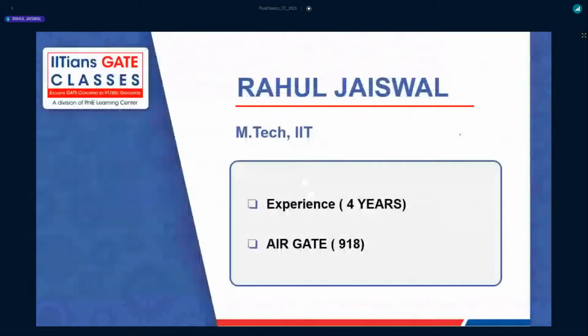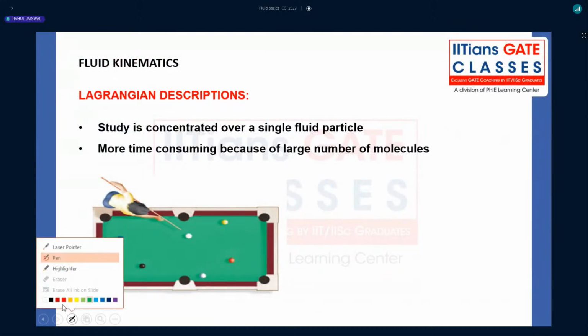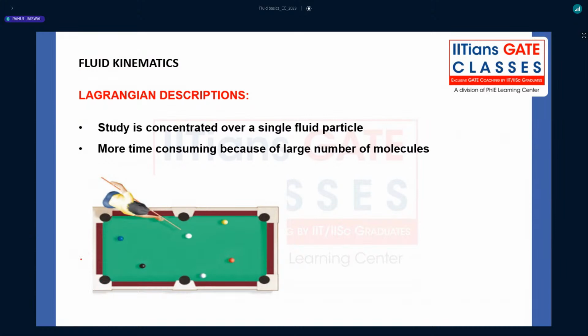Now, coming to fluid kinematics, first of all, what do you guys know about fluid kinematics? It is a very similar concept that you might have learned in engineering mechanics. Let's suppose any ball or any object is moving with some velocity, with some acceleration.